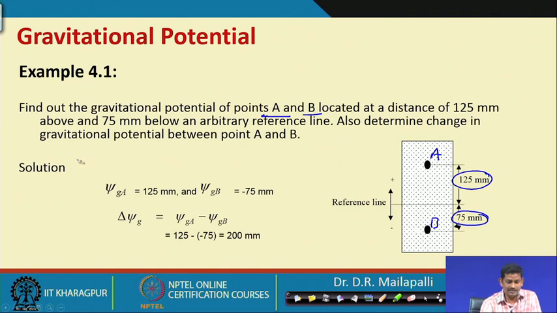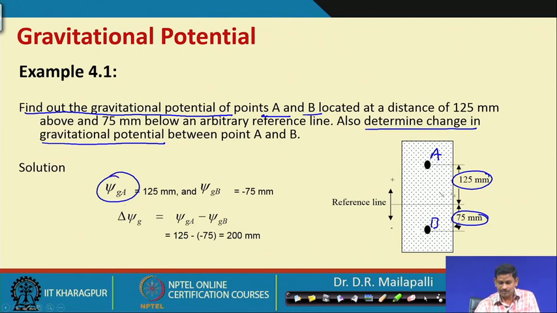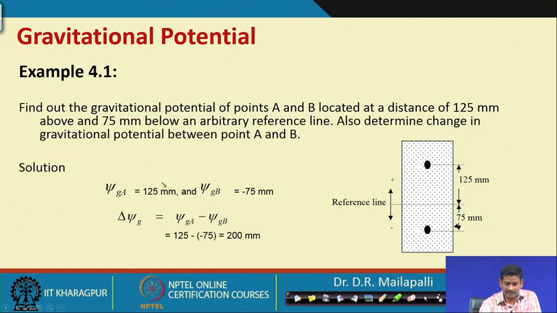We have to find the gravitational potential of points A and B, and also the change in gravitational potential between A and B. Psi G A is 125 mm, and psi G B is 75 mm, which is negative. Psi G A is positive because it is above the reference line, and psi G B is negative because it is below the reference line.